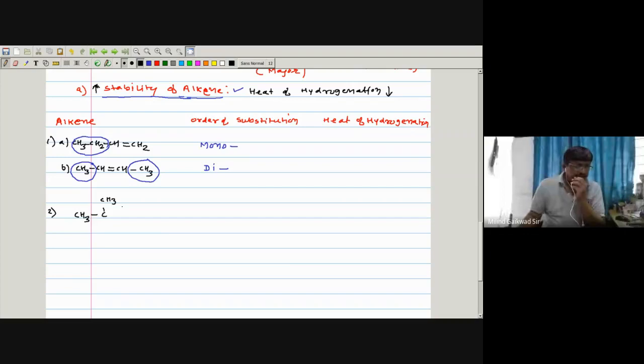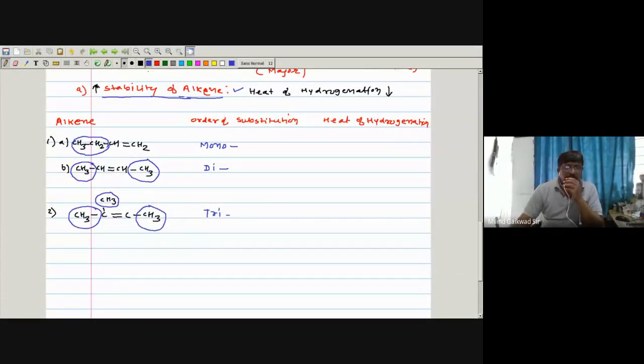Here is a CH3, here is the carbon-carbon double bond, and here is a CH3. So in this case, it is a tri-substituted alkene. Why tri? Because one R is this one, other R is this one, and third R is this one. So first is a mono, second is a di, and third is a tri-alkyl substituted. Just for comparison, I have taken this example.